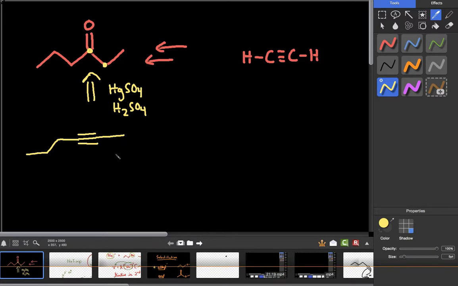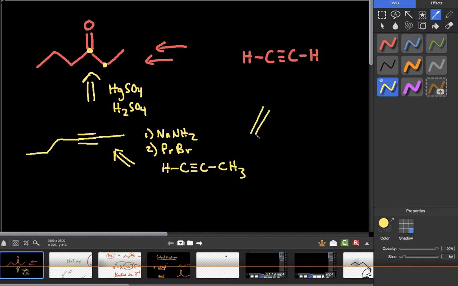Now, the next disconnection would be, how about the difference between this molecule and this molecule is in the first step, NaNH2, and in the second step, propyl bromide.